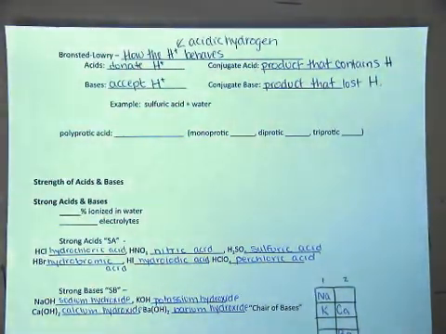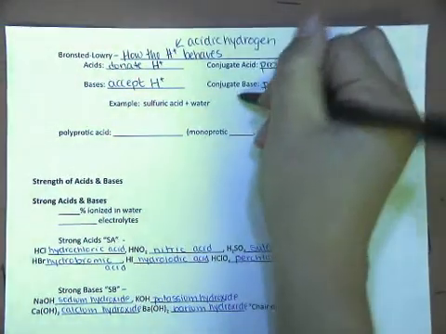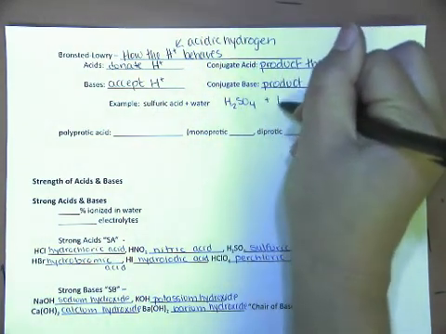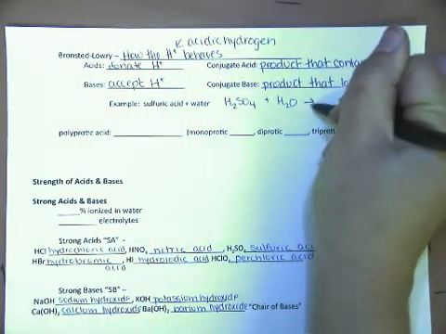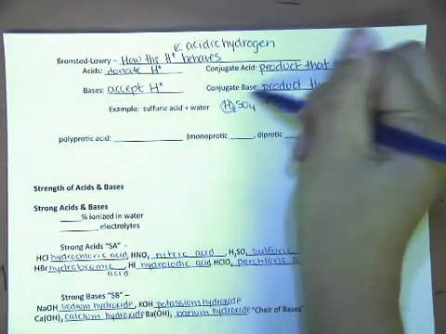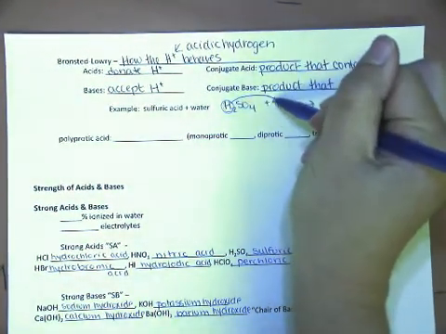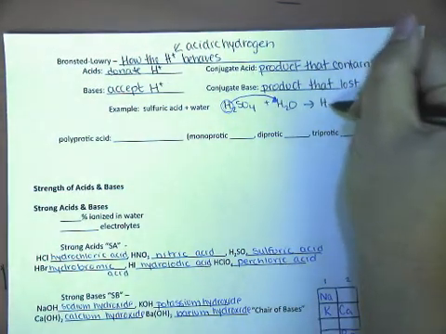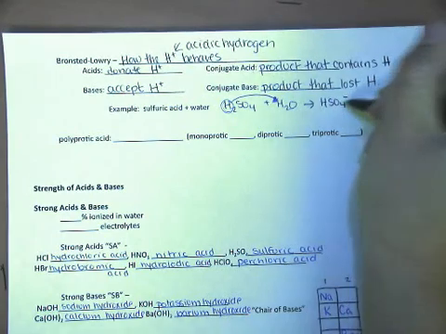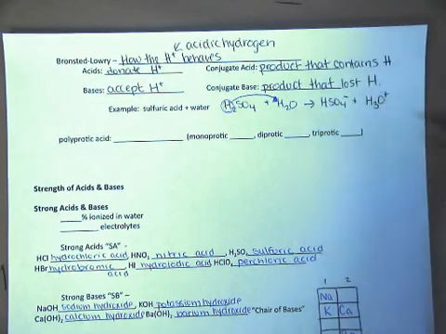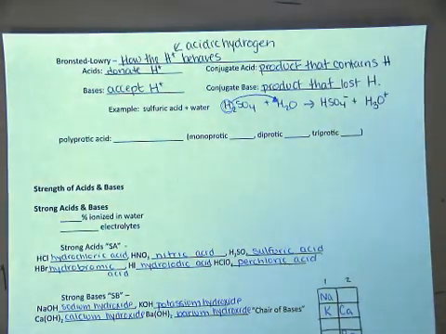So an example of this is sulfuric acid and water. Sulfuric acid, H2SO4, reacts with water. And what happens is one of the hydrogens from my sulfuric acid gets donated to the water. So our products are HSO4 minus, because it lost that hydrogen, plus H3O plus, because this water has gained the hydrogen.